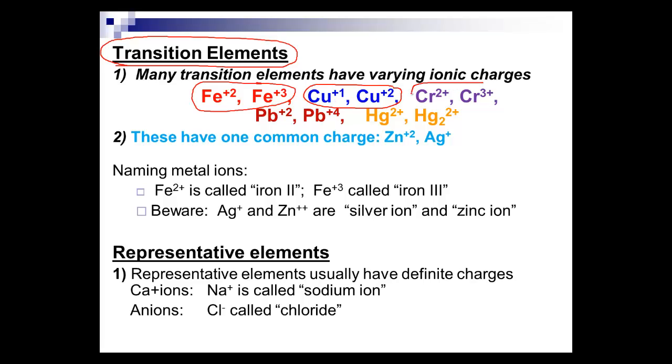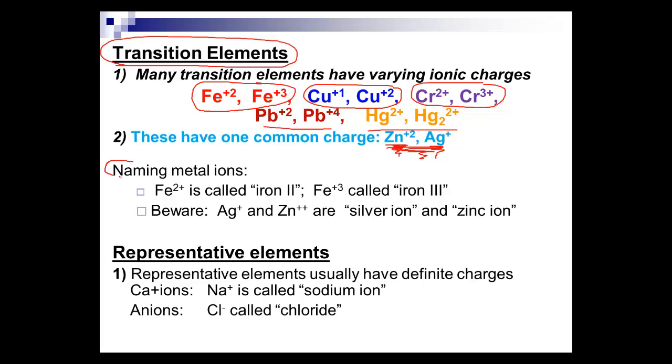We'll see chromium with a +2 or a +3, lead with a +2 or a +4, and mercury with a +2 or actually a +1, because there are 2 Hg atoms. There are 2 atoms in the transition area with a dependable charge, and those are zinc, which almost always has a +2, and silver, which almost always has a +1 charge.